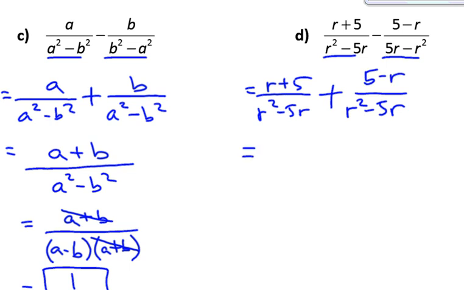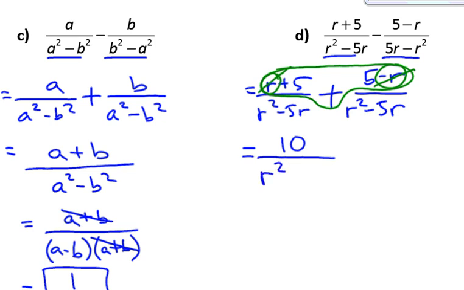Now notice when you're adding like terms here in the numerator, we have r, and then we have a minus r. Whenever you're adding like terms and you have a positive and a negative, those are going to cancel out. Then you have 5 plus 5. Those do not cancel out. That's going to become 10 over, the denominator stays the same.